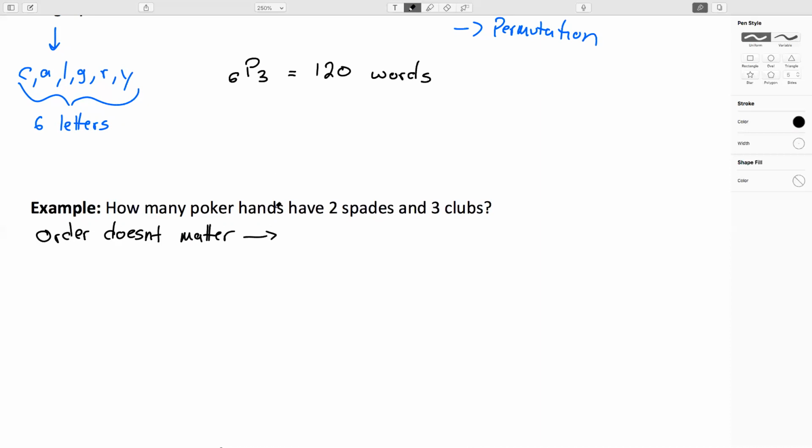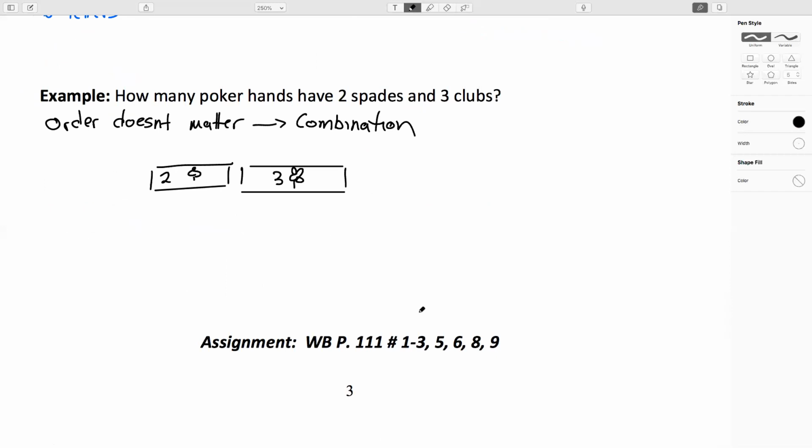And what that tells me is that this is a combination, not a permutation. So when we're dealing with the number of ways to get 2 spades and 3 clubs, break it up into 2 spades times 3 clubs. We have 13 of every suit.